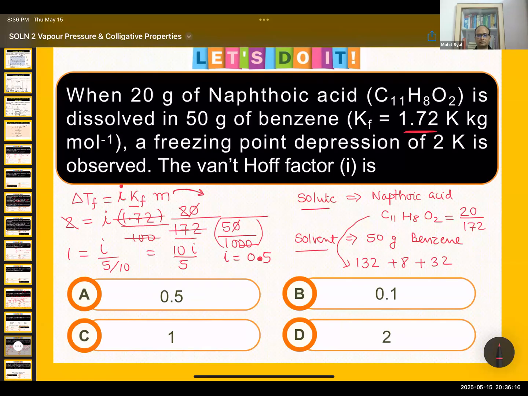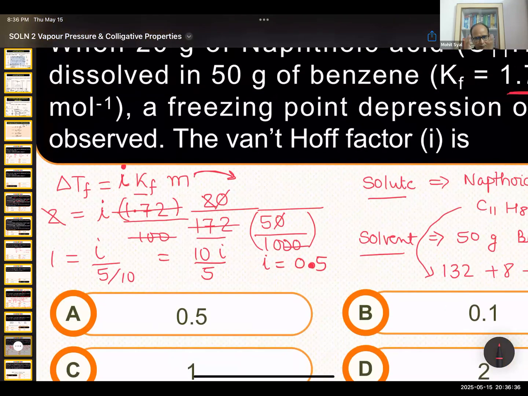So can we also use the formula for depression in freezing point? Like, can we use that as well, right? Yeah, exactly, depression in freezing point. I have used that only. I have just used the original formula, and I put the moles and the mass of the solvent.